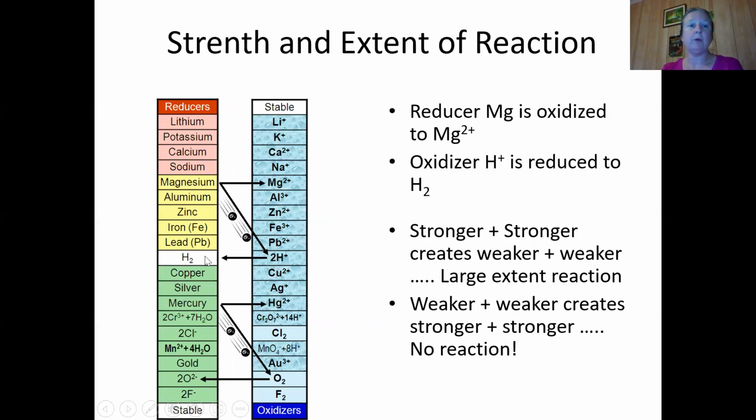It can cause it to be reduced because it's stronger. So a stronger reducer can make a weaker reducer. But hydrogen cannot make magnesium. So if you had a reaction of hydrogen plus magnesium ions and you were asked, can this reaction happen? You look at your table and you ask, what's weaker and what's stronger? The weaker cannot make the stronger. And that's your determining factor.